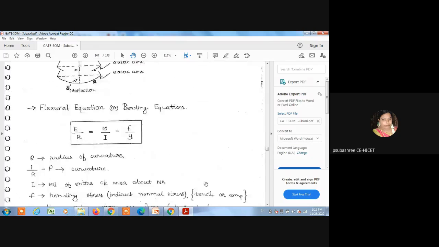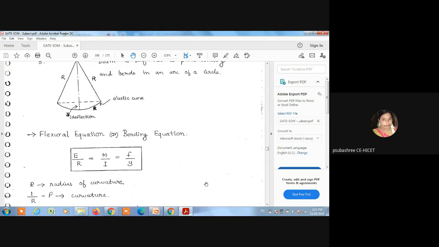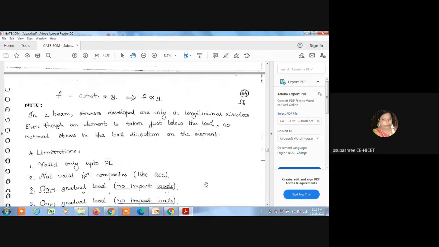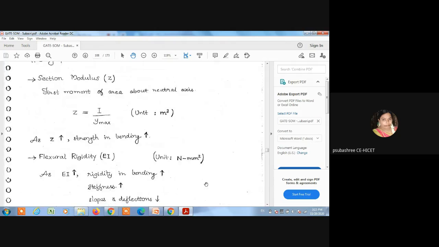Two questions are available from this topic. Please, it's very important. What do you mean by section modulus? The section modulus is denoted by Z is equal to I divided by y max.